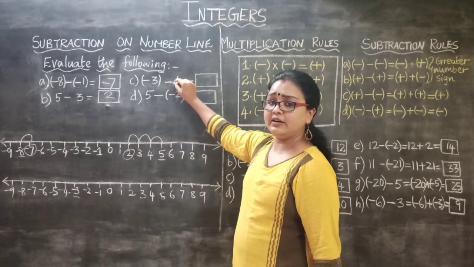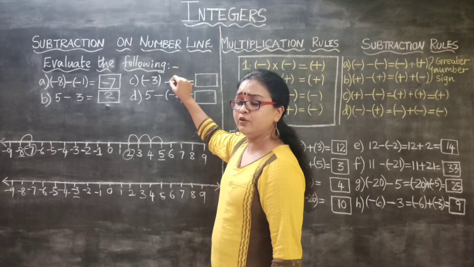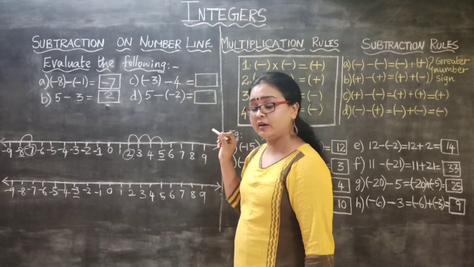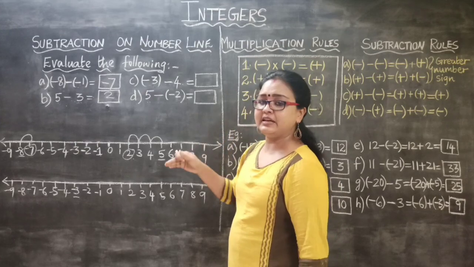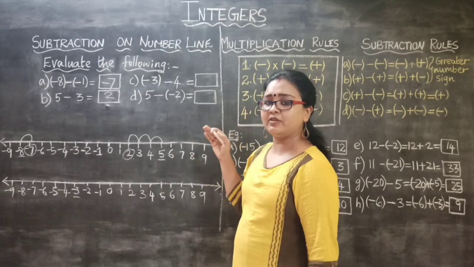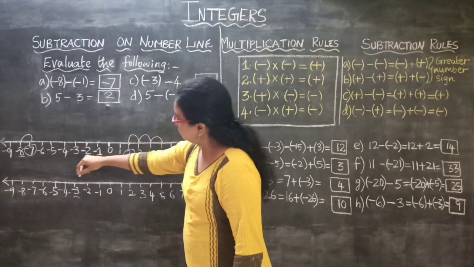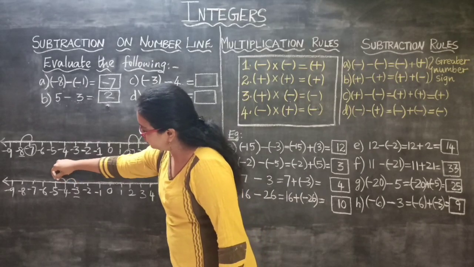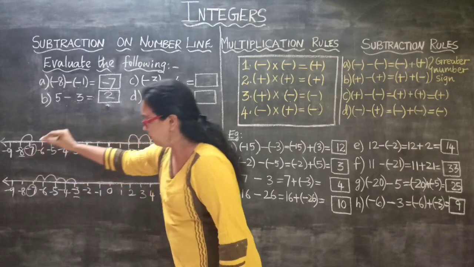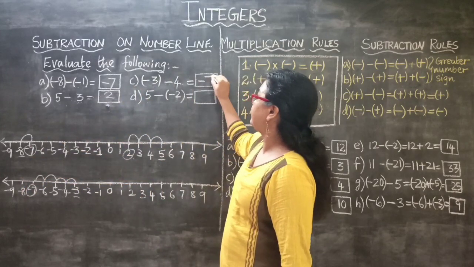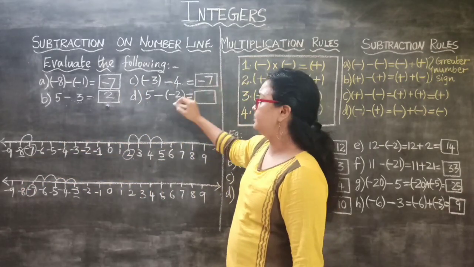I already told you, if it is positive you move towards the right hand side for addition. But here we have to move towards the left hand side because subtraction is the opposite of addition. So 1, 2, 3, 4. The fourth step is minus 7. So minus 7 is the answer here.